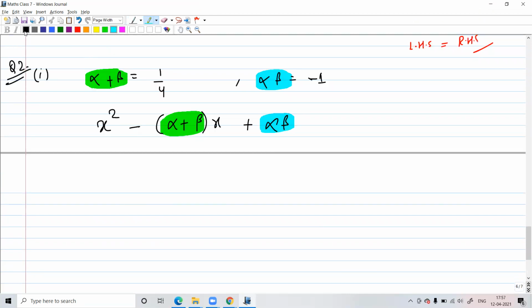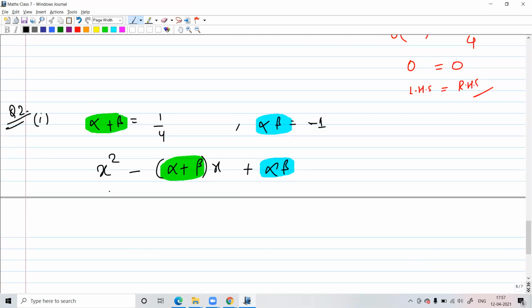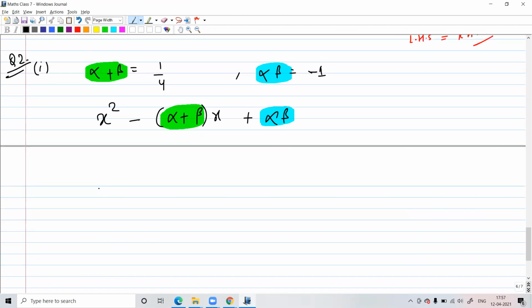So what will the polynomial be? It will be x squared minus, instead of alpha plus beta, what is given? 1 by 4, sir. So write 1 by 4 times x. Sometimes this could be negative, so it's better to put it inside a bracket. Here there is no need, but still I'm putting it.